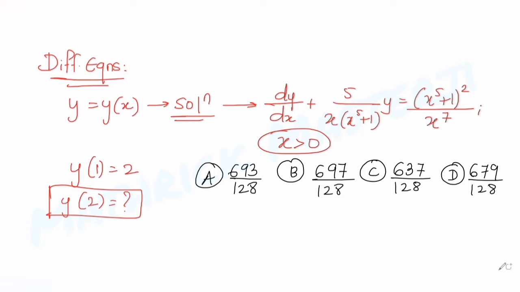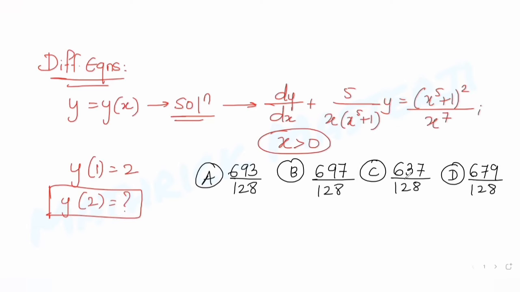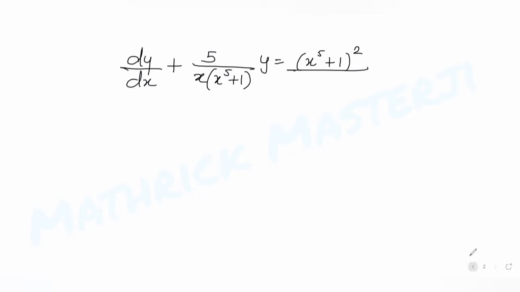Let's first of all write our differential equation. It is given in the form dy by dx plus 5 over x into x to the power 5 plus 1 y equals x to the power 5 plus 1 the whole squared divided by x to the power 7.